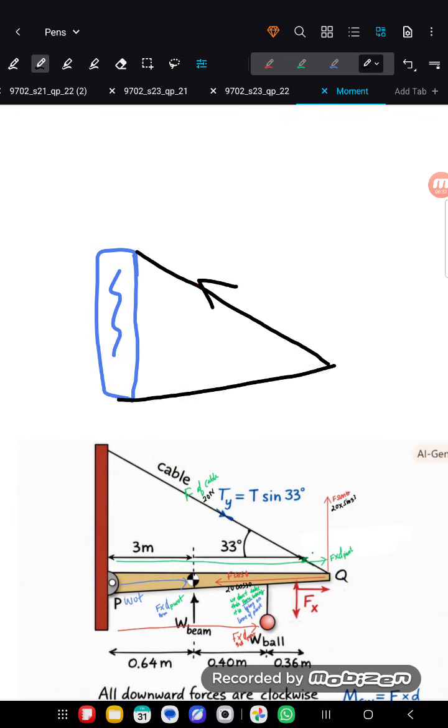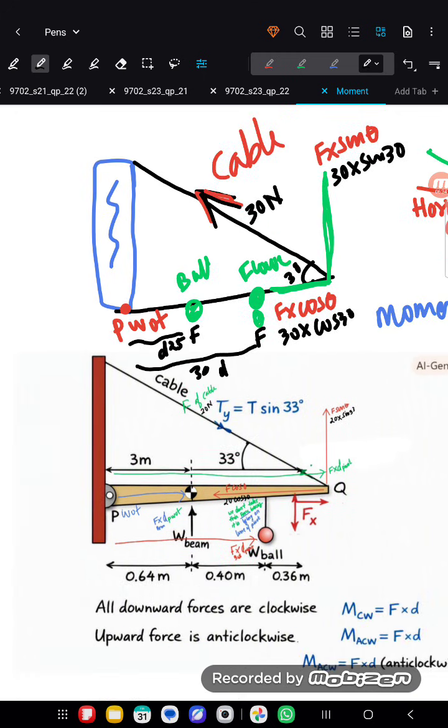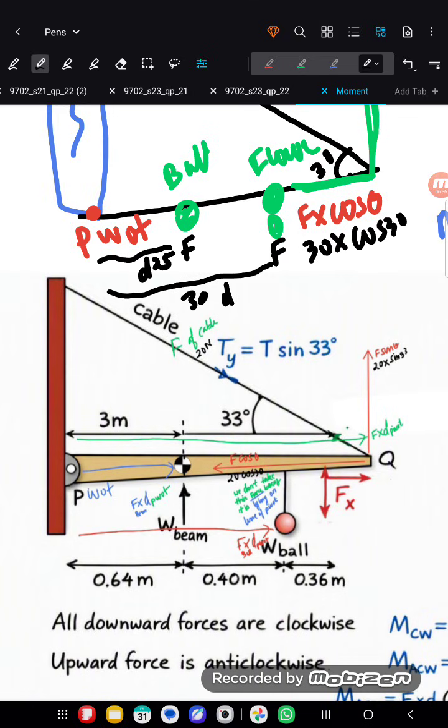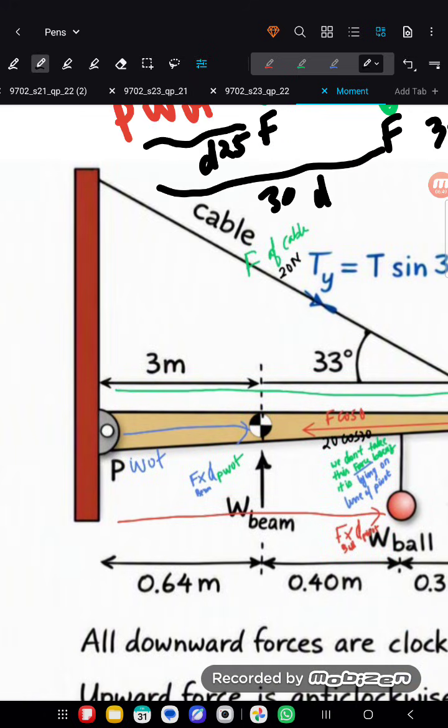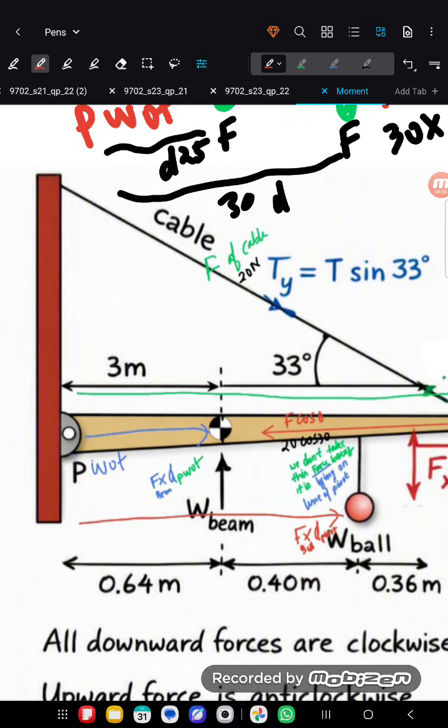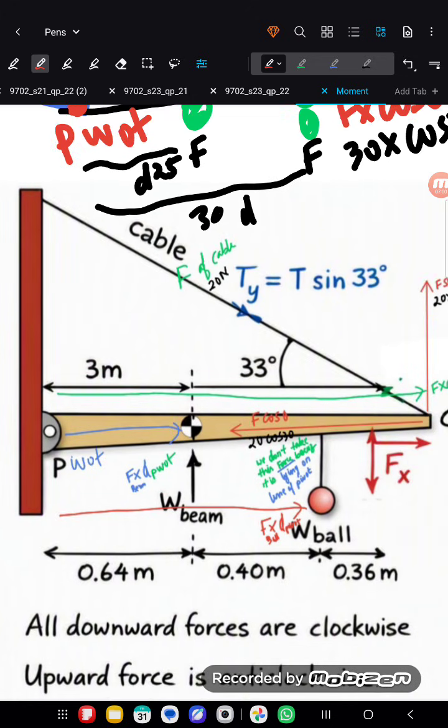So see in this question, here they have given a ball. Now they are asking the weight of this one. So you should know the distance from the pivot. Pivot is this one. So this is 3 meters. So what about the ball? We have to know.